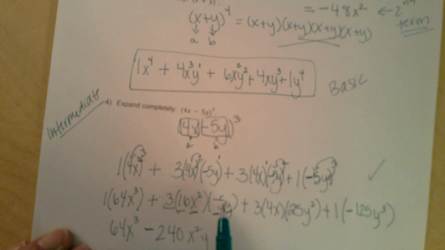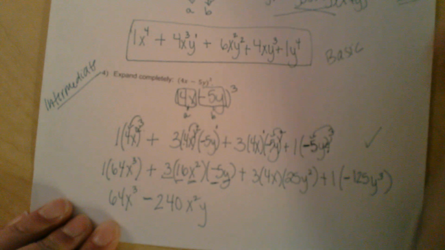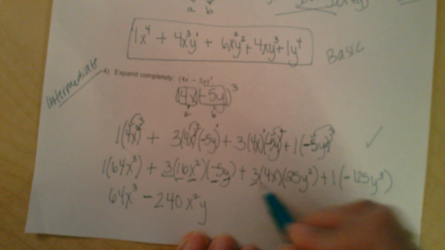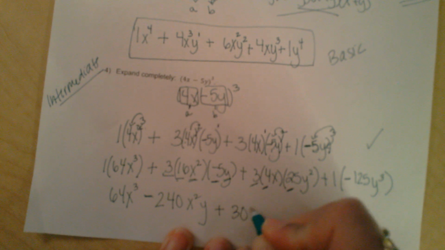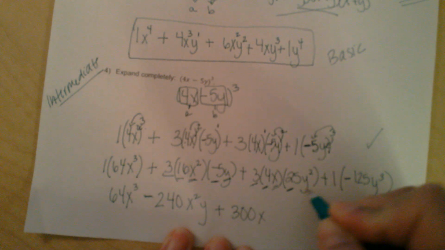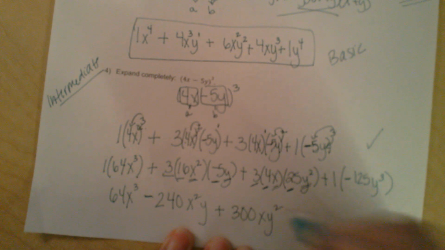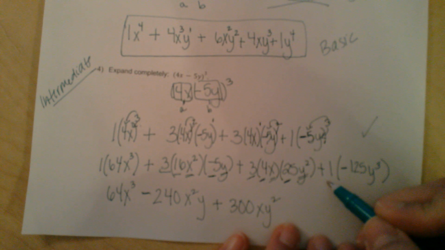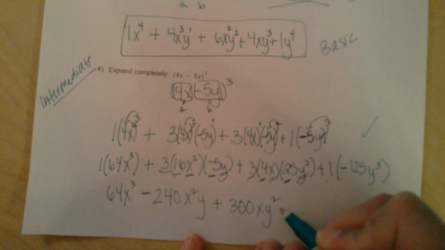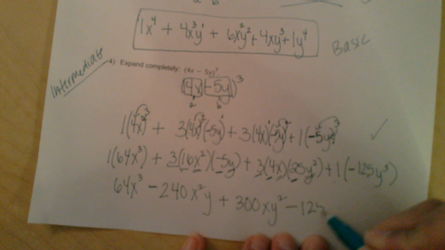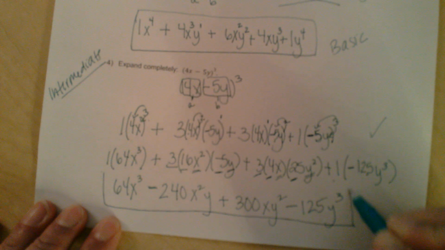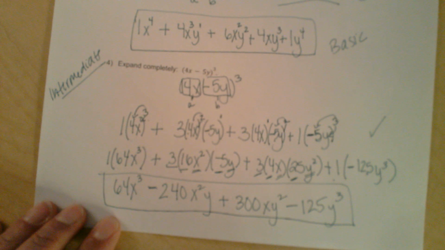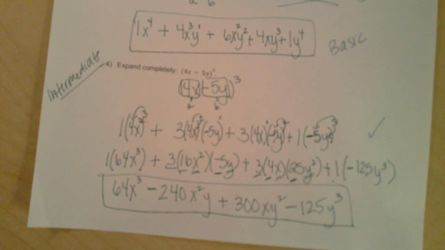So that plus, because I'm multiplying by a negative, now just changes to the negative number. Okay. Then 3 times 4 times 25, positive 300 x y squared. Okay. Positive 1 times negative 125 is minus 125 y cubed. Here is our answer. That is the work that we had to do.